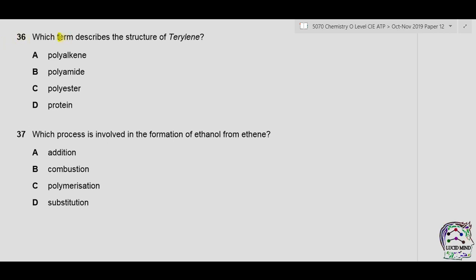Question 36. Which term describes the structure of terylene? You should remember that in terylene the linkage is C double bond O, which is also called ester linkage. A is polyalkene. Now in polyalkene we have single bonds between carbon atoms. B is polyamide.